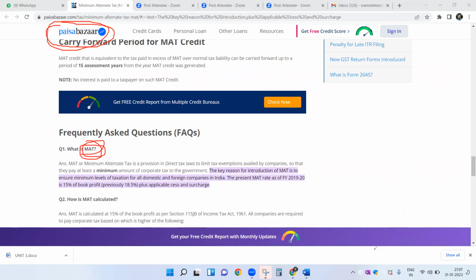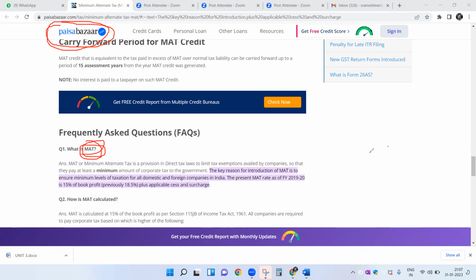See, our subject itself is corporate tax management. It is mentioned in the name itself that by way of various tax planning measures, individuals or companies or any other organizations try to minimize their tax, try to reduce their tax.